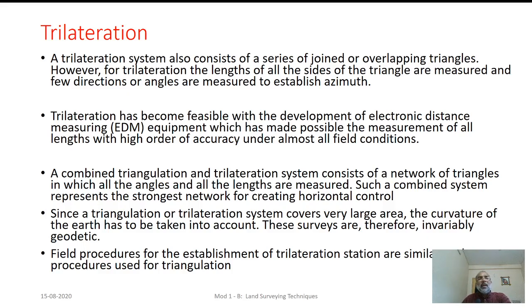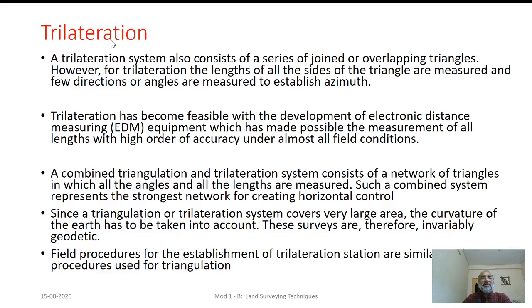Trilateration is just the opposite of a triangulation network. To recall, in triangulation, we make use of one base length and three angular measures to work out the data pertaining to the other sides, and the same are used to compute the data pertaining to the subsequent network of triangles.